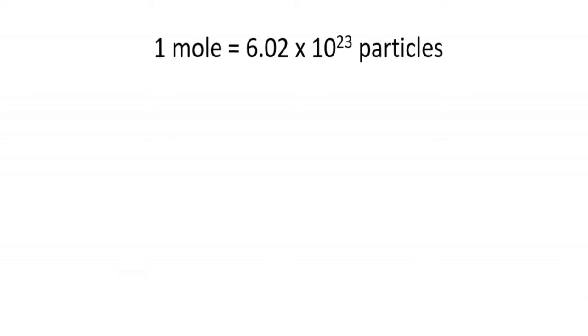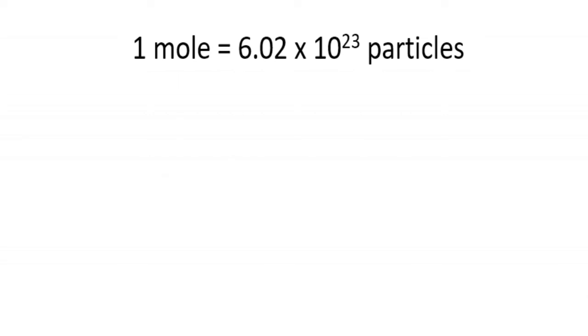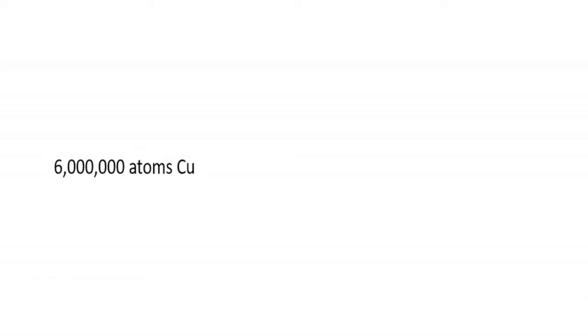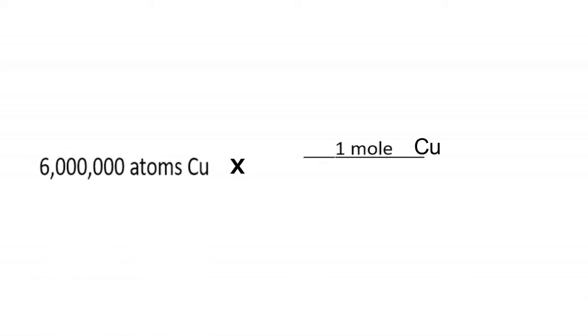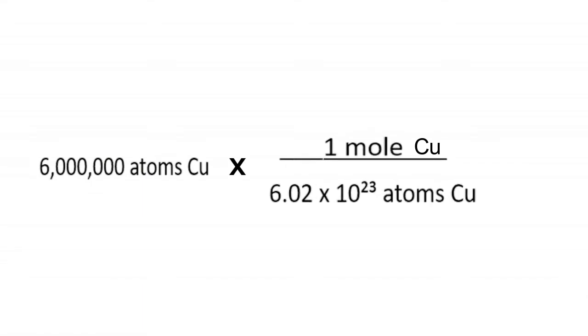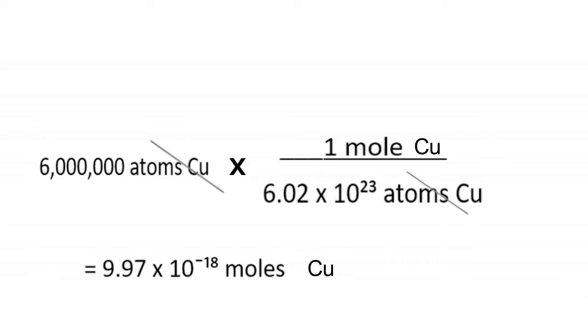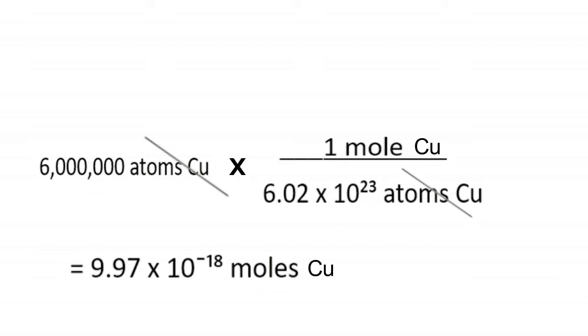Again, consider this: 1 mole is equal to 6.02 times 10 to the power of 23 particles. 6 million atoms of copper times 1 mole of copper divided by 6.02 times 10 to the power of 23 atoms of copper is equal to 9.97 times 10 to the power of negative 18 moles of copper.